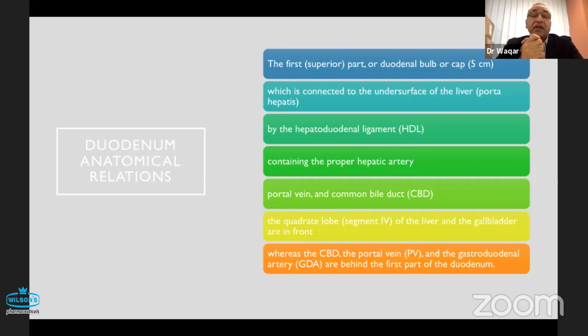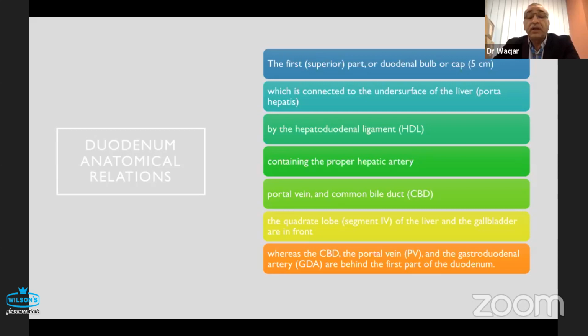There is a connection with the hepatoduodenal ligament, which carries the vascular structures like the portal vein, the common hepatic artery, and the common bile duct. Now, the quadrate lobe of the liver and the gallbladder are also in close proximity to the first part of the duodenum, and in fact lie in front of it. Those of you who do EUS are very familiar with those landmarks.